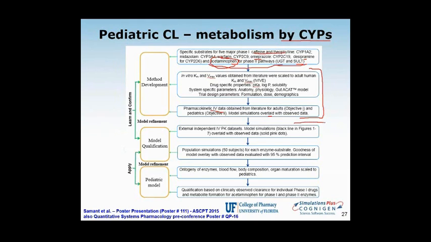Then taking different studies in adults to qualify the model, or to use the model previously developed using one set of studies to just do predictions for a different set of studies, maybe different dose, different subjects, just to see how robust the model is and how well it's predicting in adults, and then going into using that model to predict the pediatric for each of the enzymes.